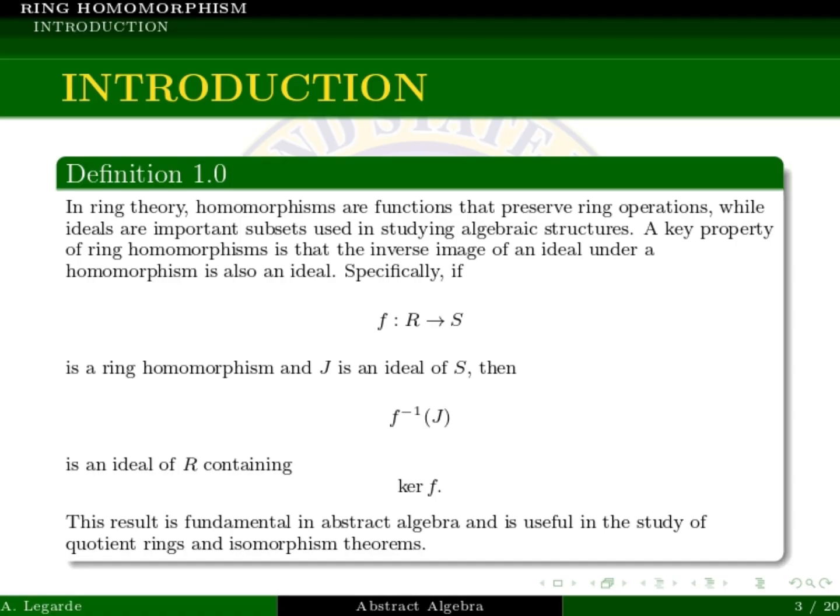One important property of ring homomorphisms is that the inverse image of an ideal under a homomorphism remains an ideal. More formally, if F from R to S is a ring homomorphism and J is an ideal of S, then the inverse image F inverse of J is an ideal of R containing the kernel of F.